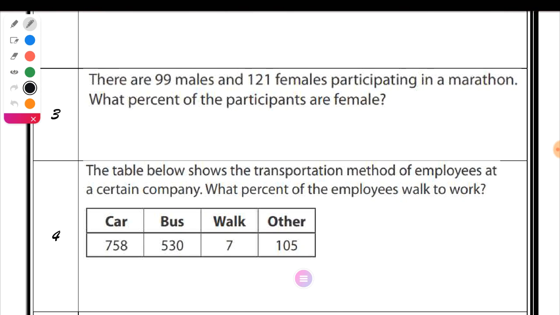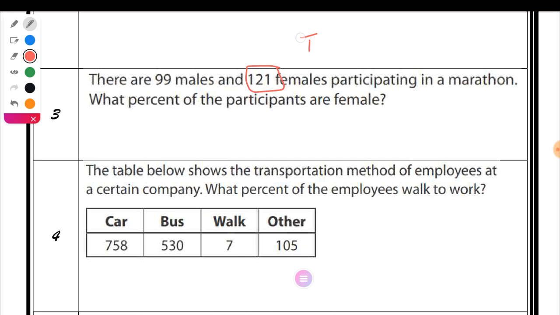Okay. Let's calculate. There are 99 male and 121 female participating in a marathon. What is the percent of the participants that are female? So he wants to calculate the female only. What is the total here? Actually, the total is to add both male and female.